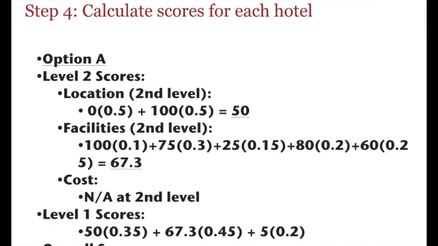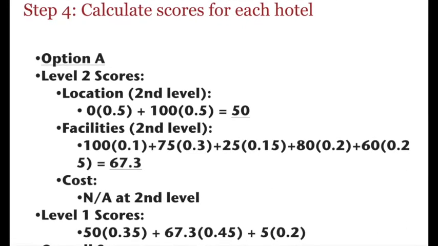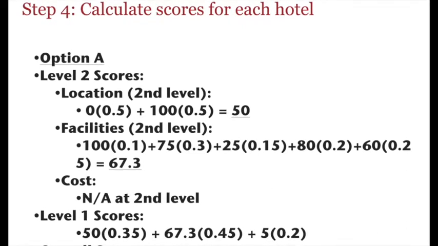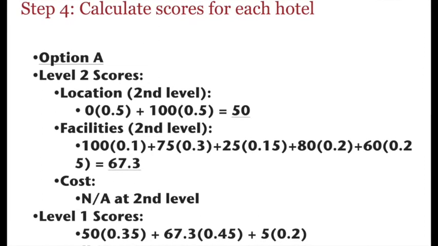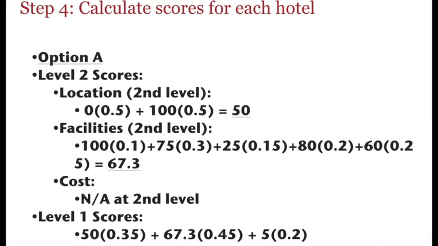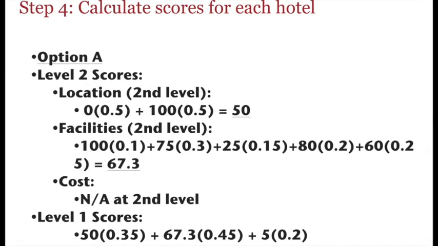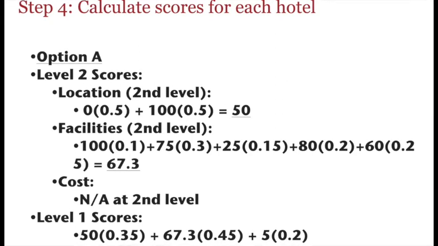Now we do the same for facilities. That's a bit of a longer calculation, and we end up with a total of 67.3. We don't have a level 2 score for cost because there is no level 2 criteria, and for cost it was 5.